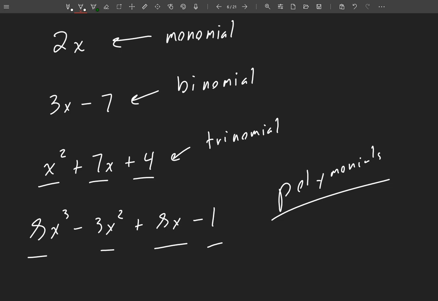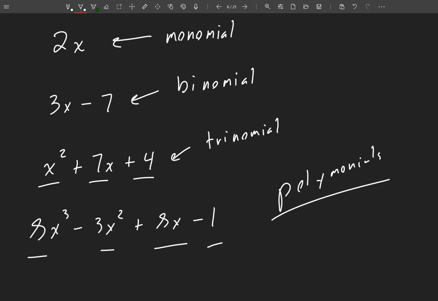Now, to be clear, all of these are polynomials, whether it has 1, 2, 3, 4, 10,000, infinite number of pieces. It doesn't matter. They're all polynomials. It's just that we have special names for one that has 1 piece, 2 pieces, or 3 pieces. Okay, I think that's enough said about that.